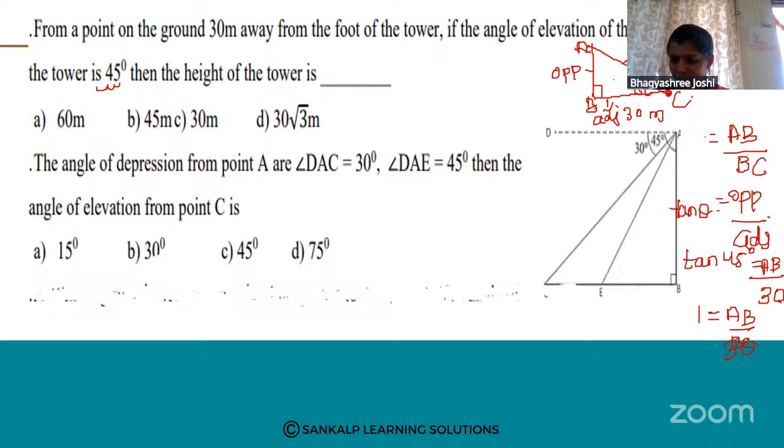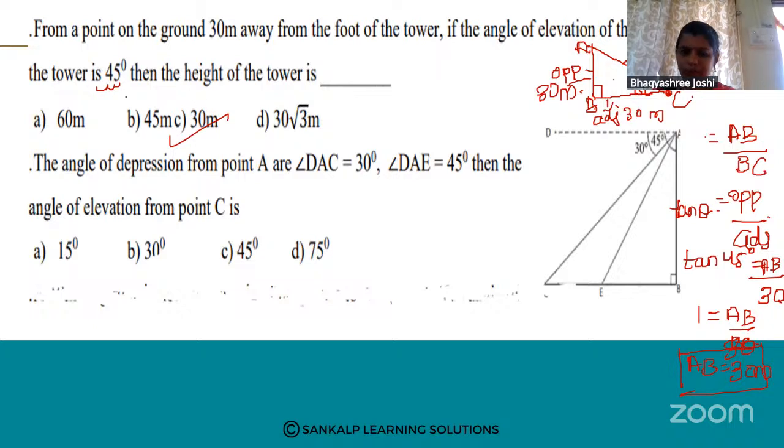Now shift this 30 to this side. That means AB is equal to 1 into 30, that is 30. So AB value is 30 meter. So the height of the tower is 30 meter. Is it there in the options? Yes, option C is right. So 30 meter. Next.